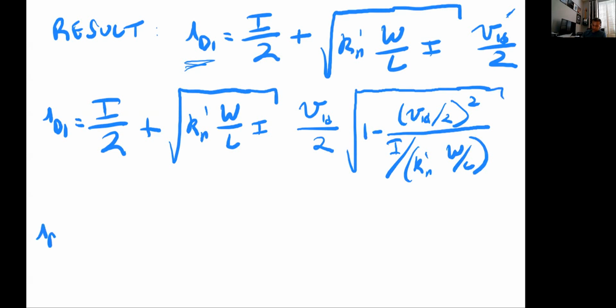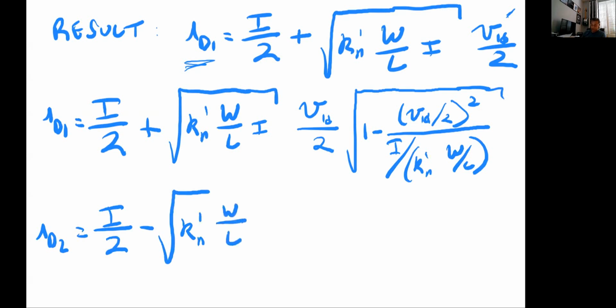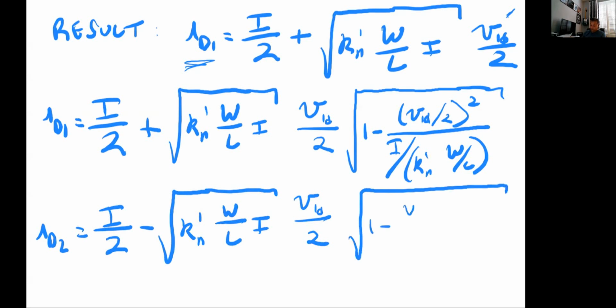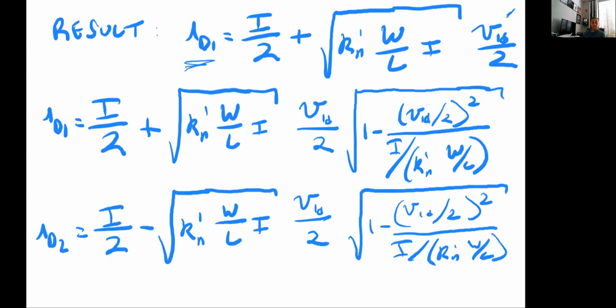And also for transistor 2, if I'm increasing the current in the drain of transistor 1, I must be reducing the current in the drain of transistor 2 by the same amount. Like so.